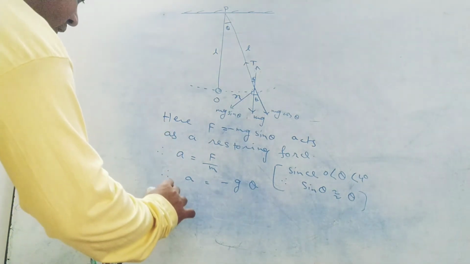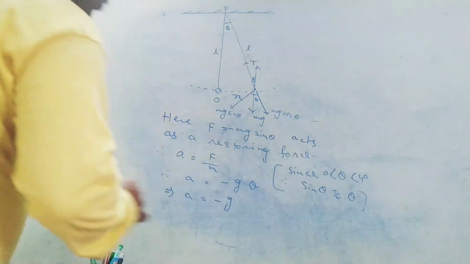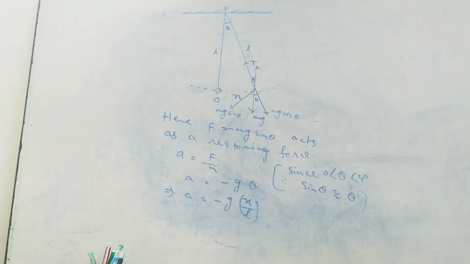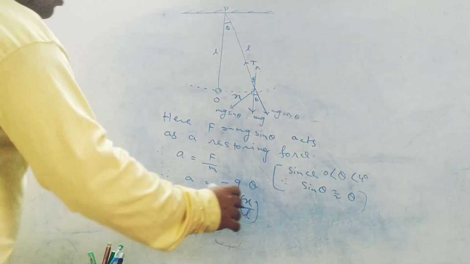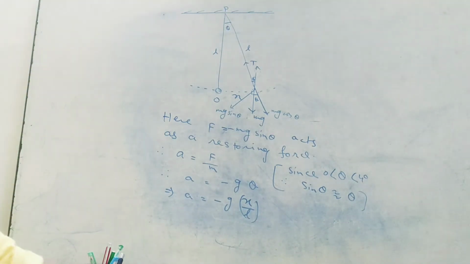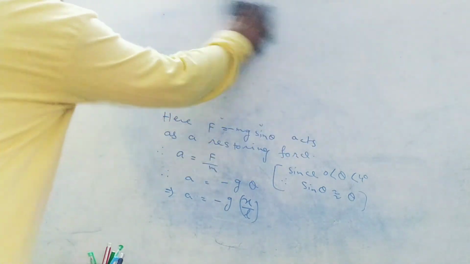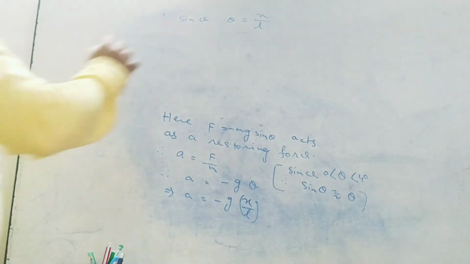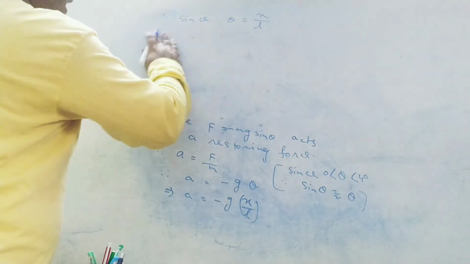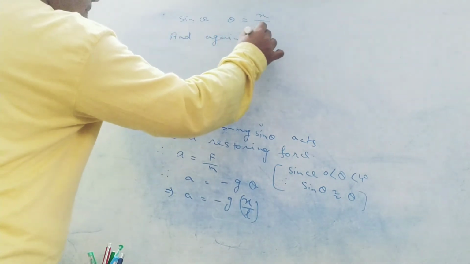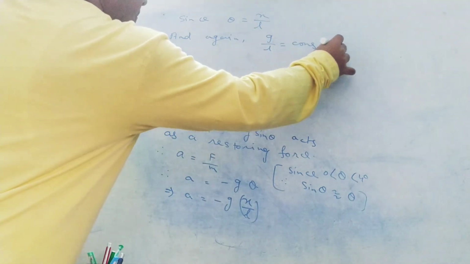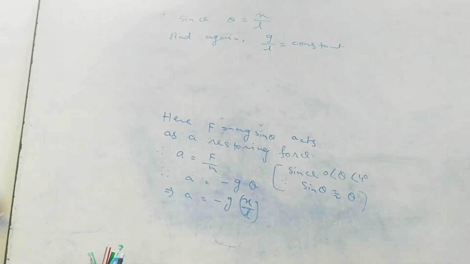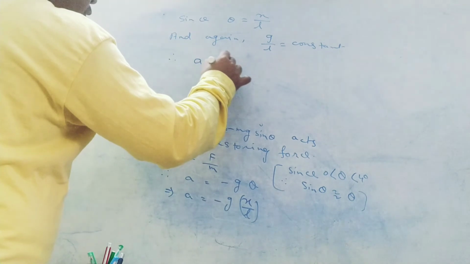From the figure we can say theta is equal to x by L. From circular motion we can write s is equal to r theta, that's why theta is equal to x by L. Since g by L is a constant for a particular position of the pendulum, we can write a proportional to minus x.